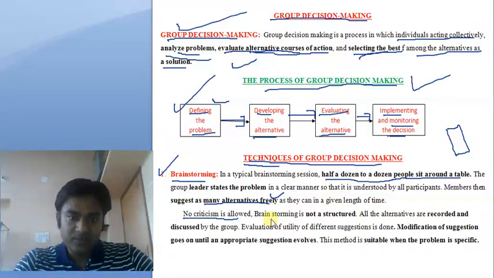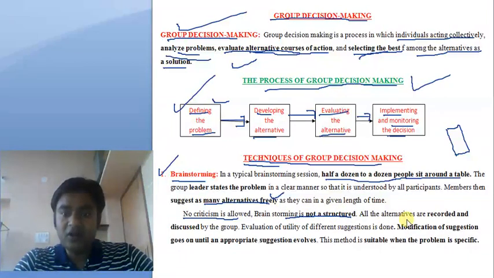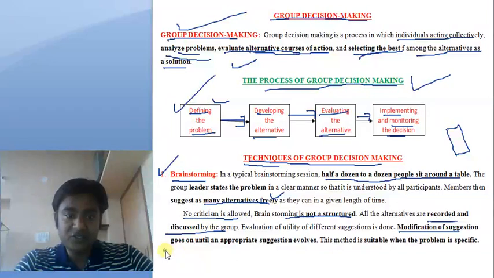Brainstorming is not a structured method. All the alternatives are recorded and discussed by the group. The alternatives given by the different members are recorded and evaluated by the group members. Then modification of suggestions goes on.